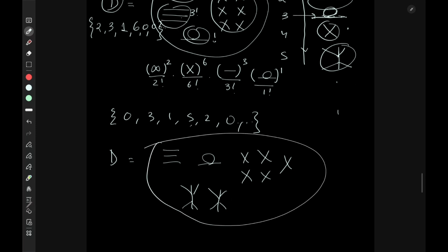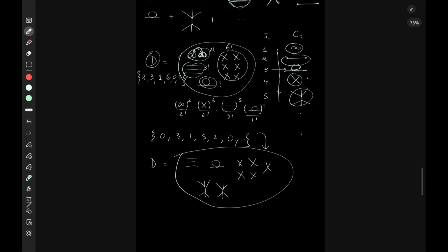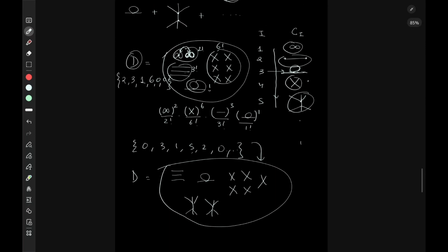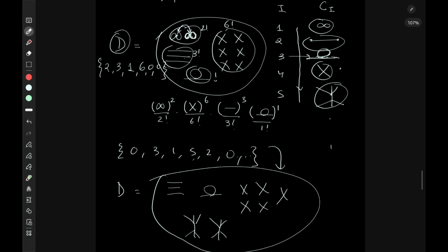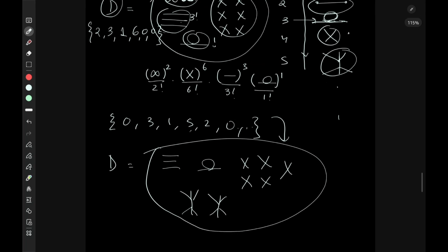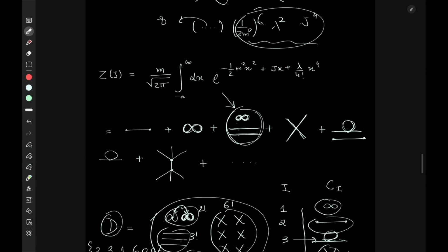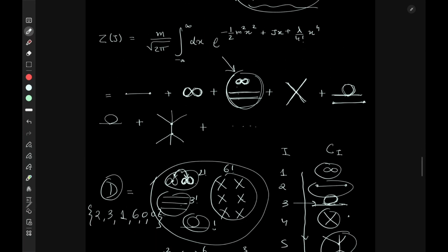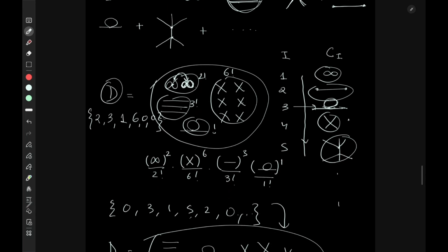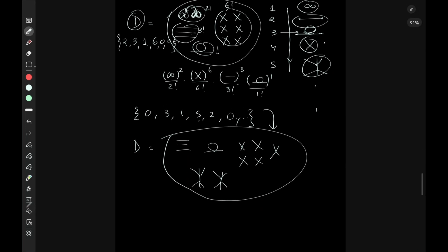So this is the diagram corresponding to this set of integers. So this is how we can label general diagrams. Our goal was to reorganize this whole Taylor series, or the whole sum, so that we only care about the connected diagrams. So this is how we will do it.